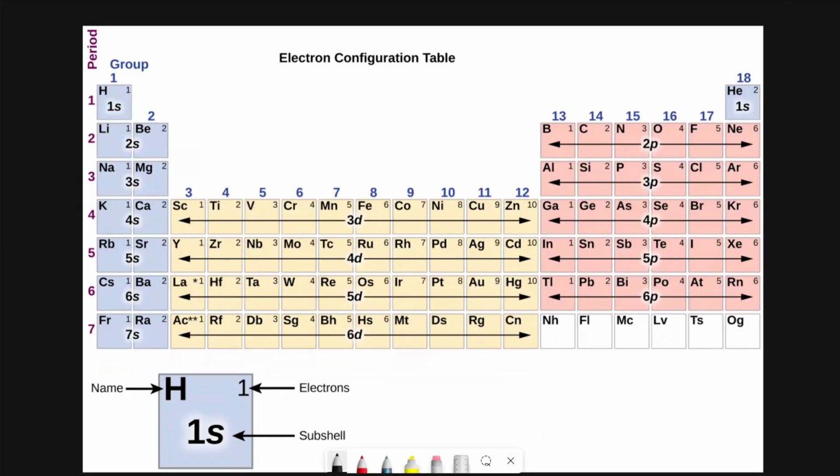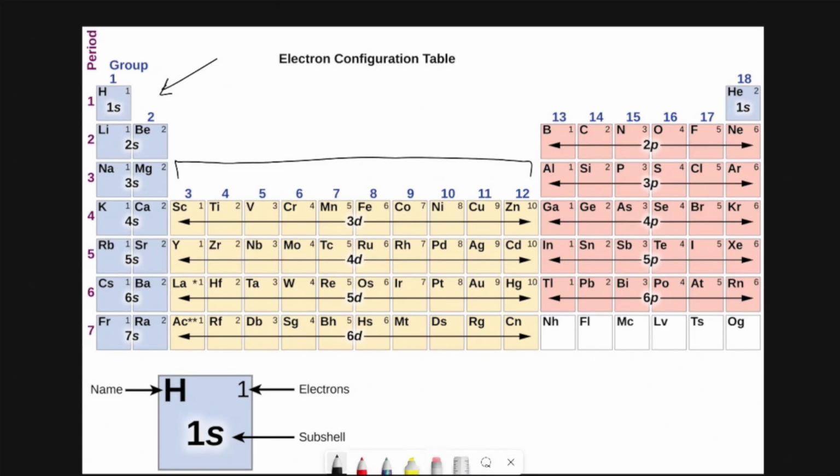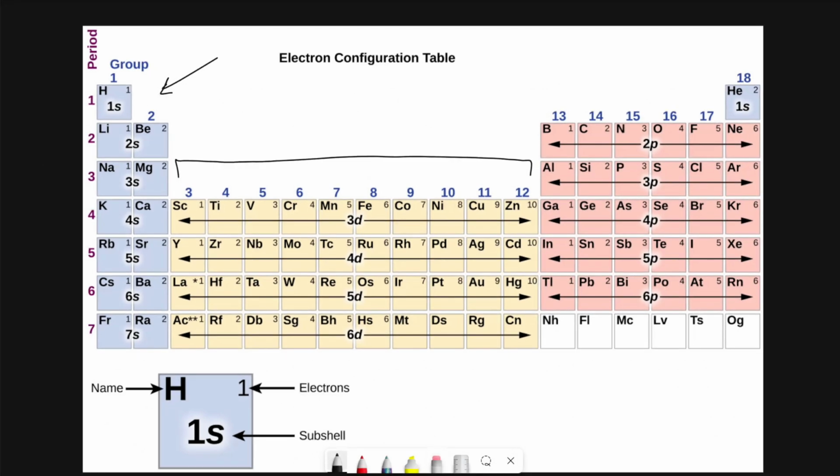The first two groups or columns are located in the S block. So this means that their valence electrons are located in the S subshell. The transition metals, as we said earlier, have their valence electrons in their D subshell. But what's interesting is that they have the possibility to lose from the S orbital before they lose from the D subshell.